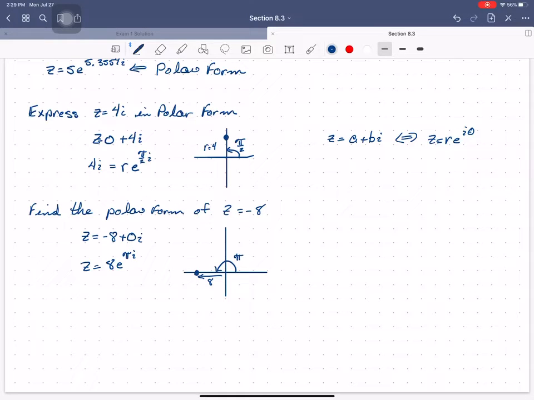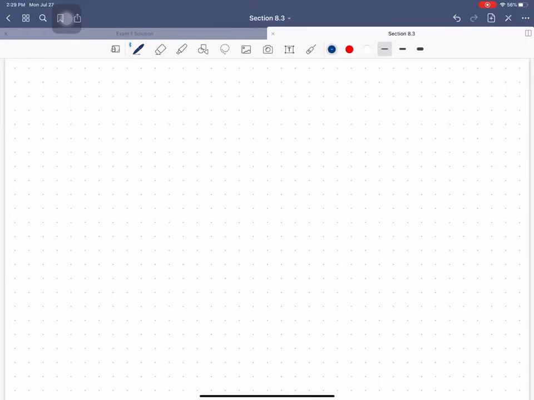Okay. So now let's get to the why. Well, let's go the other way first. Let's write 3e to the pi over 6 i in a plus bi form.